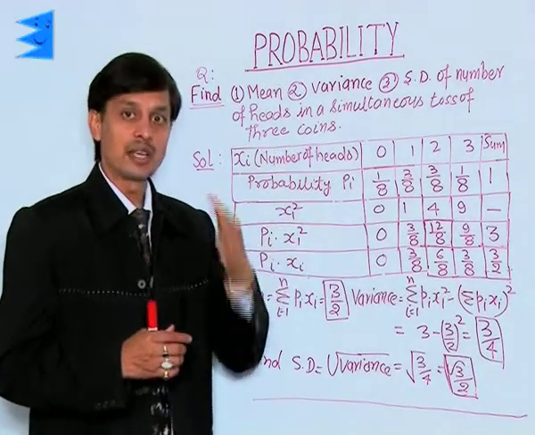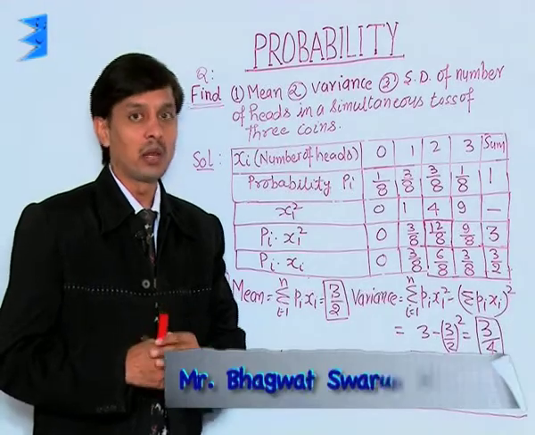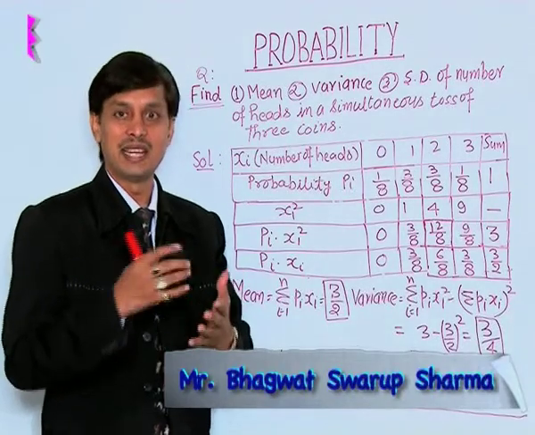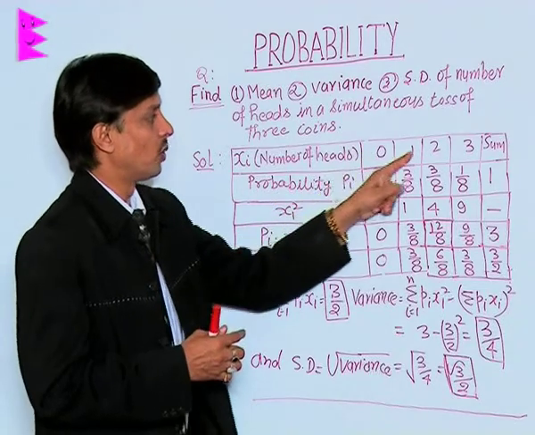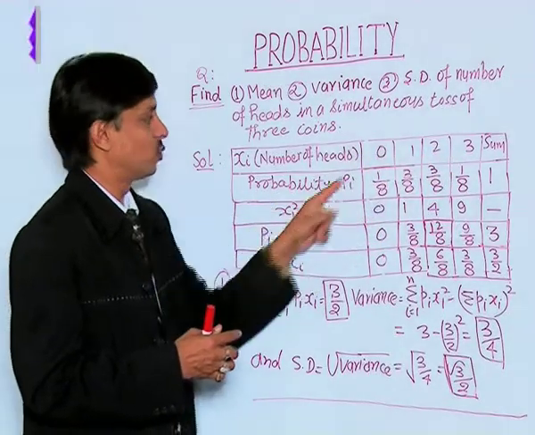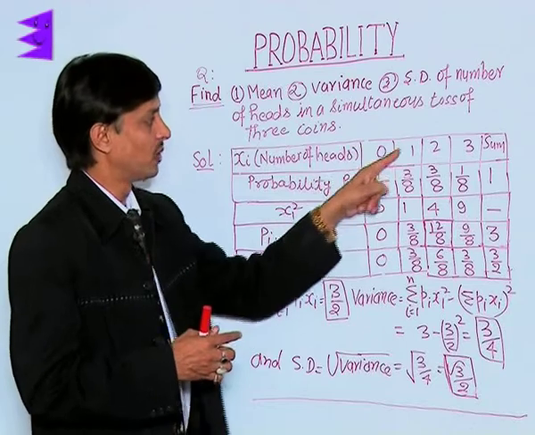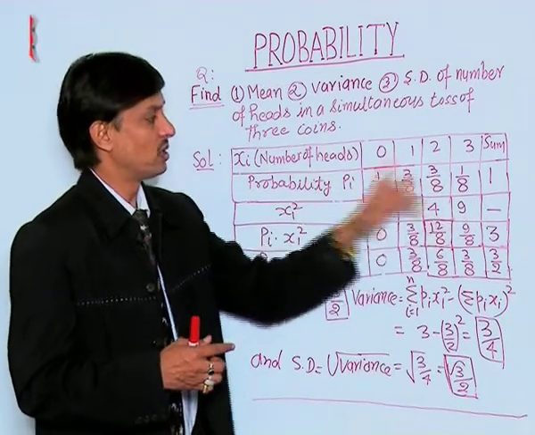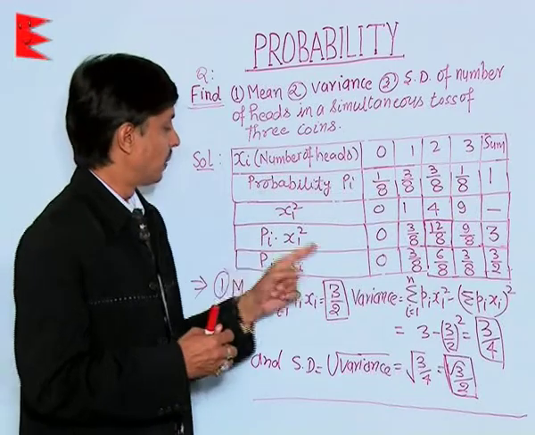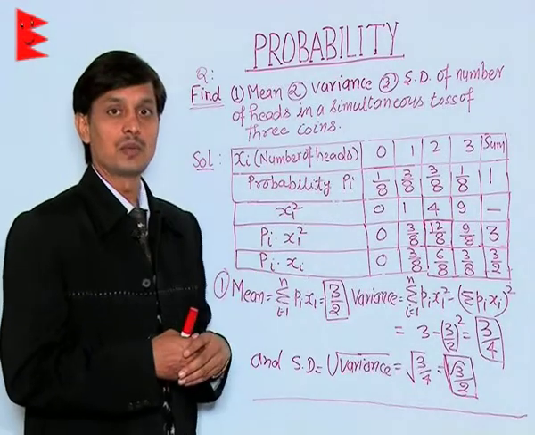Now we are extending our problem to calculate the mean, variance and standard deviation. We have xi as 0, 1, 2, 3. So xi square: 0 square is 0, 1 square is 1, 2 square is 4, 3 square is 9. After it, pi into xi square.